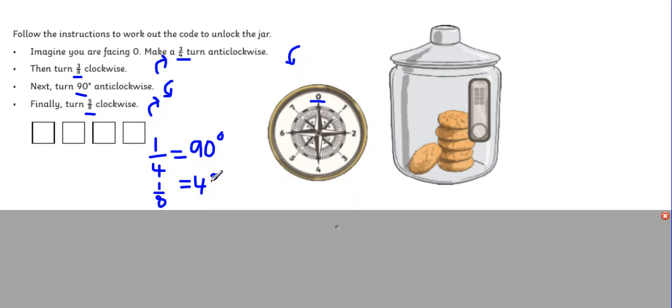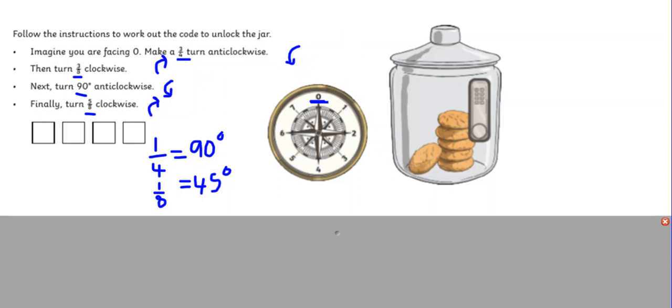So all you need to remember there is if you've got 4/8, you multiply 45 by 4. If you've got 3/8, multiply it by 3. If you've got 5/8, multiply it by 5. 90 degrees for a quarter, if you've got 3/4, multiply it by 3. 2/4, multiply it by 2, and so on and so on. Okay, make sure you are starting at 0 and follow the instructions carefully. Pause the video now and have a go at this one.